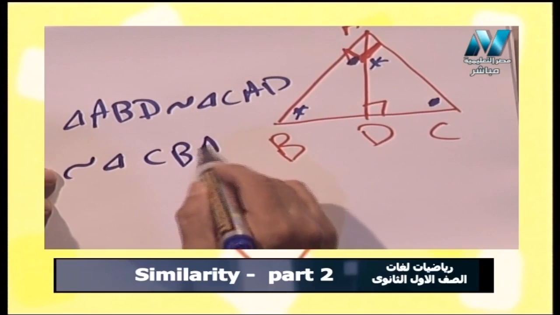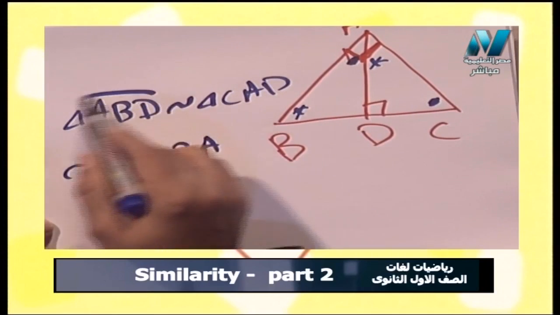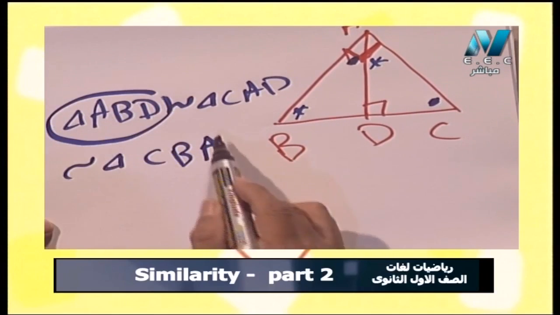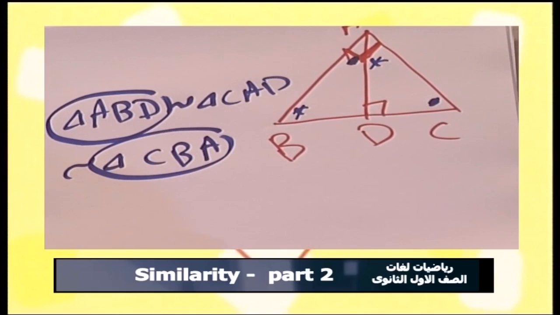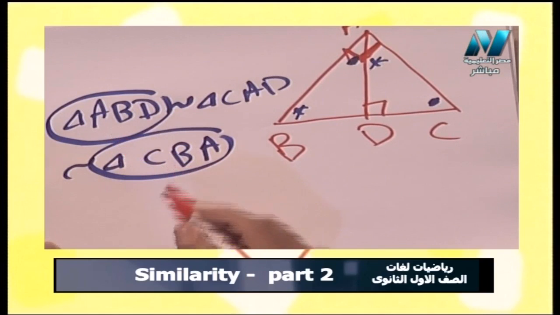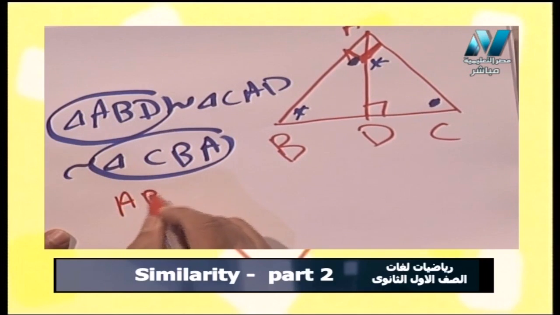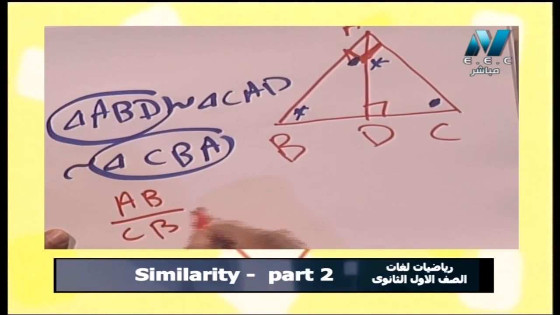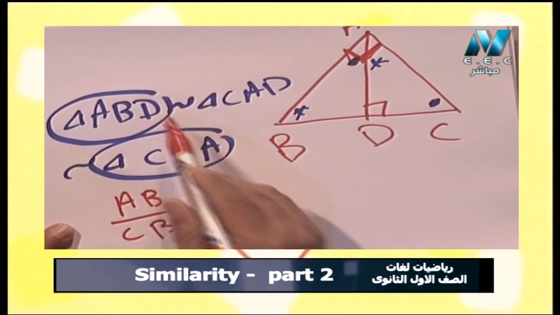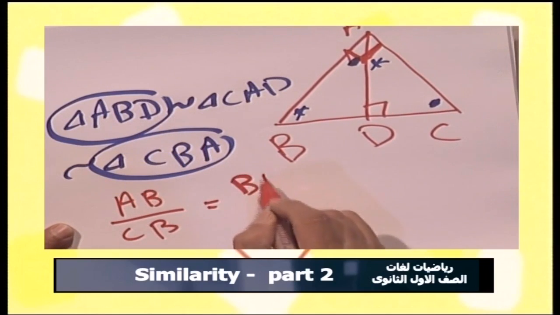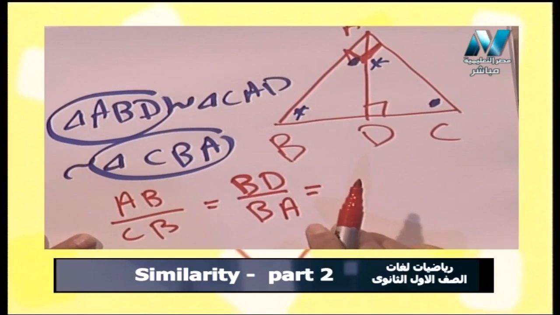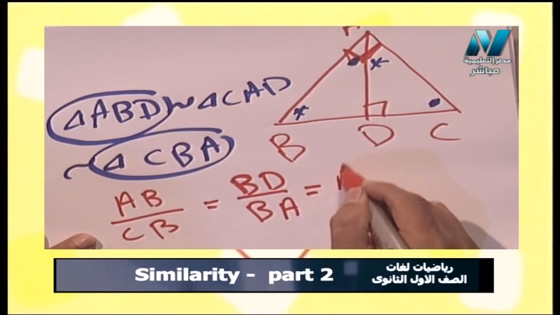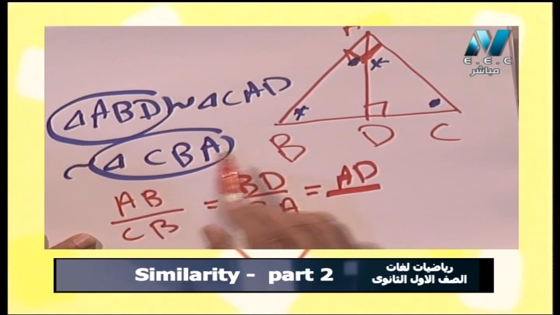Try to connect this triangle with the original one, we will find that if we divide AB by CB here equal BD over BA equals AD over CA.